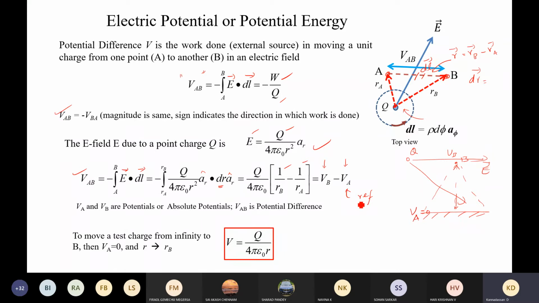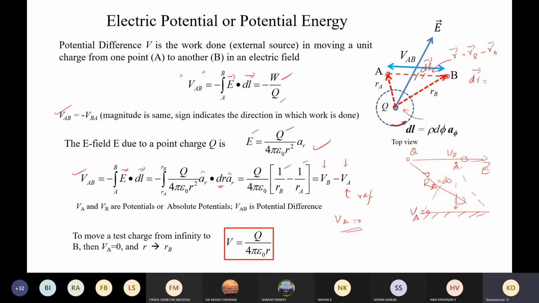And this reference, if we consider it is located at a distance of infinity, let this R or RA point be almost infinite, then if we put 1 by infinity, you will get 0. Then this VA will become 0.